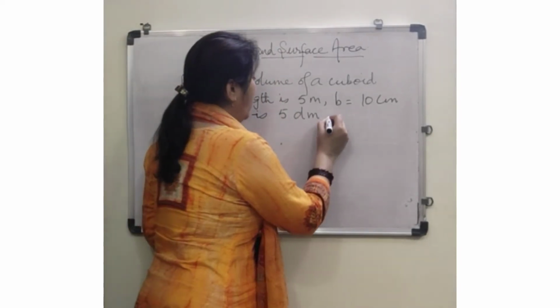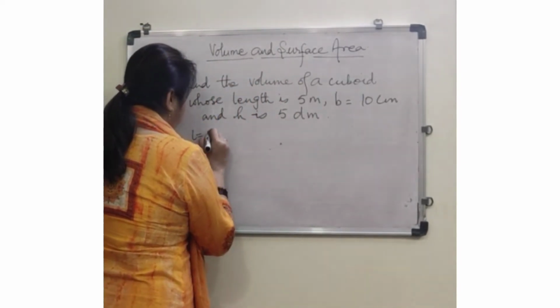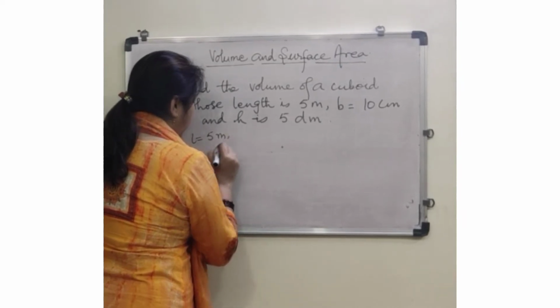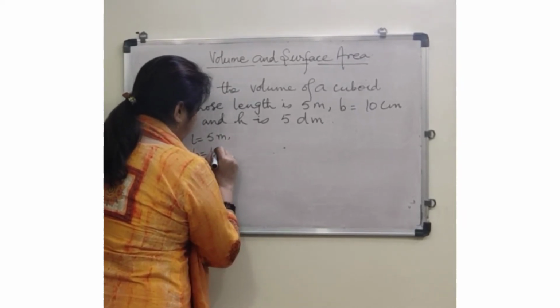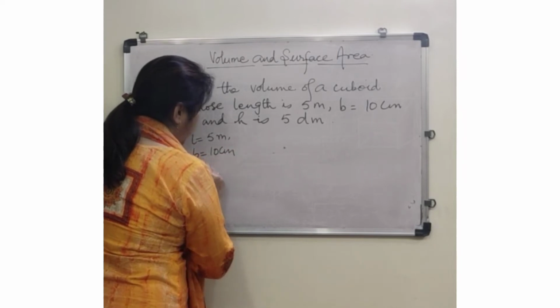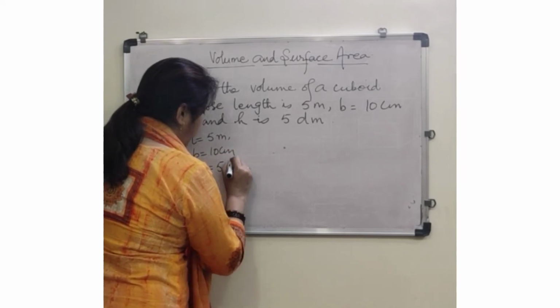Fine. Now you can see length is 5 meter, breadth is 10 centimeter and height is 5 decimeter.